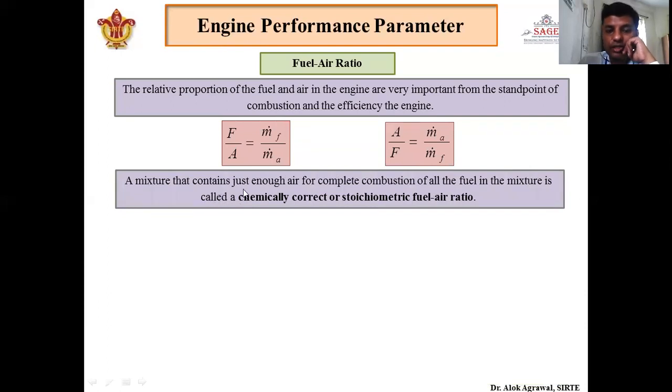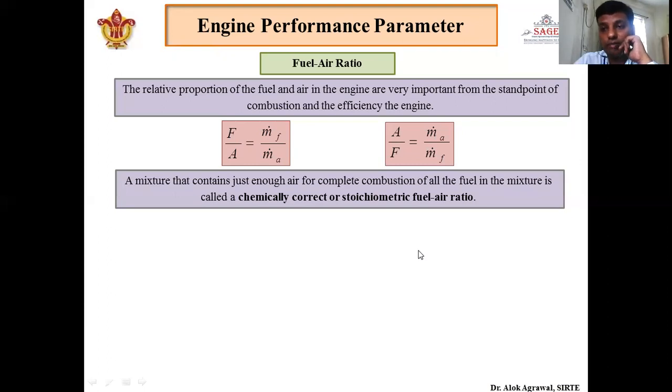A mixture that contains just enough air, meaning the amount of air required to burn the unit quantity of fuel is exactly what is required, is called a chemically correct or stoichiometric fuel air ratio. If 1 kg of fuel requires around 15 kg of air to burn completely, then we can say that 1 to 15 is the stoichiometric or chemically correct ratio.